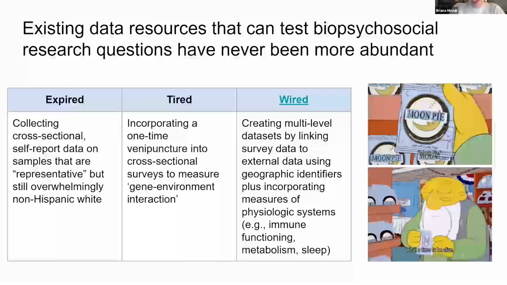And what's wired is creating multi-level data sets that link survey data to external data using geographic identifiers, maybe even individual level identifiers, plus incorporating measures of physiologic systems, like immune functioning or metabolism or sleep, right? That's the hot stuff. That's not just the future, that's where we all want to be, where the most novel work is happening.